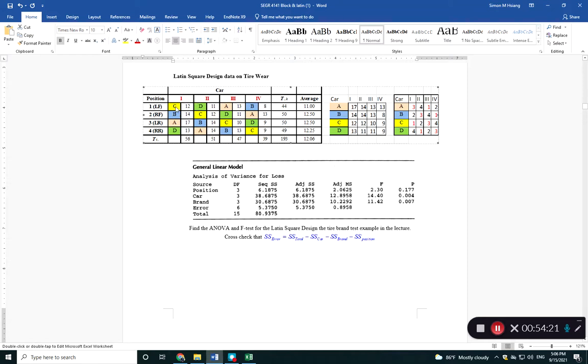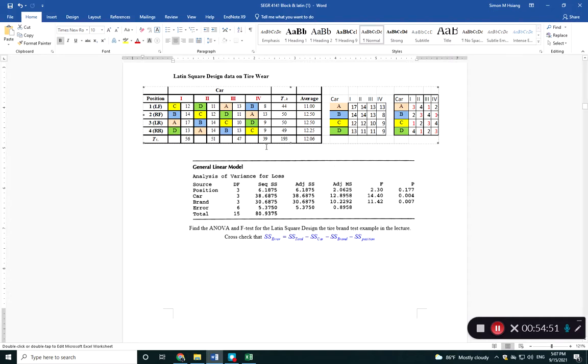So every tire brand, look here, will be mounted in every car once, and in every position once. Everybody see that? So if you do that, that means you kind of even out every possible opportunity.